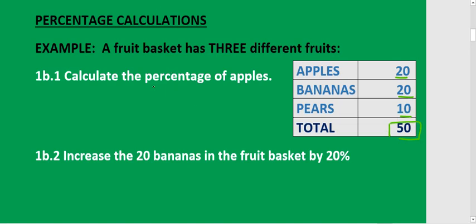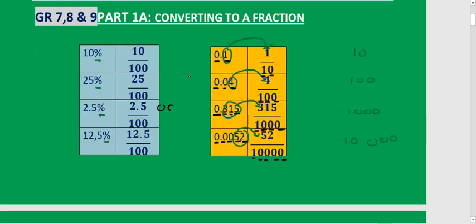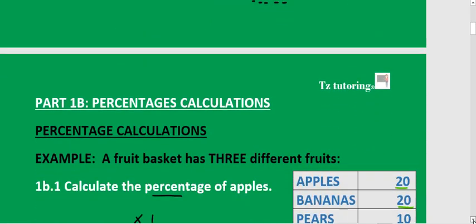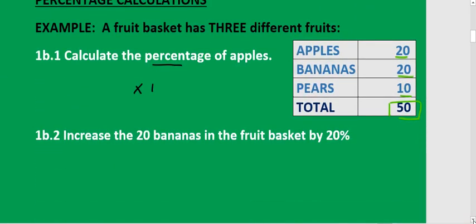You're asked to calculate a percentage. And I always tell my learners, if you have to calculate a percentage, then that means you are going to multiply by 100. To calculate a percentage, you have to multiply by 100. But what is it that you're multiplying by 100? Here we want the percentage of apples. There are 20 apples out of a total of 50 fruits.